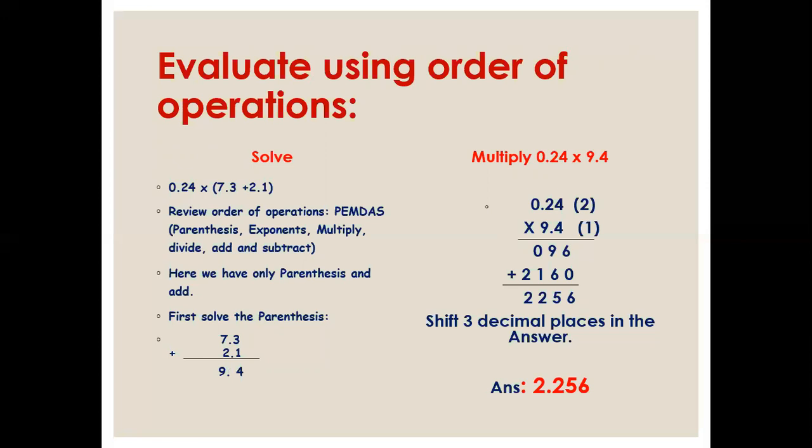First, we will solve the parentheses. That is 7.3 plus 2.1. You got 9.4. Then the second step will be multiplication. That is 0.24 multiplied by 9.4. So as you know, 0.24 has 2 decimal places, 9.4 has 1. After you multiply, you got 2256 and you move 3 decimal places in the answer, which is 2.256.